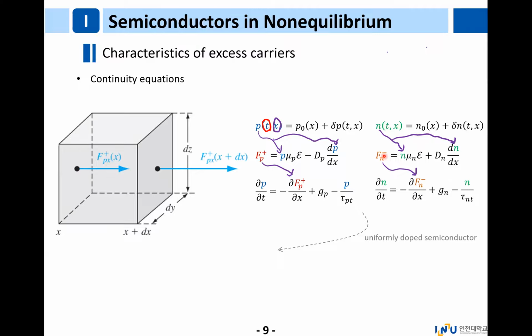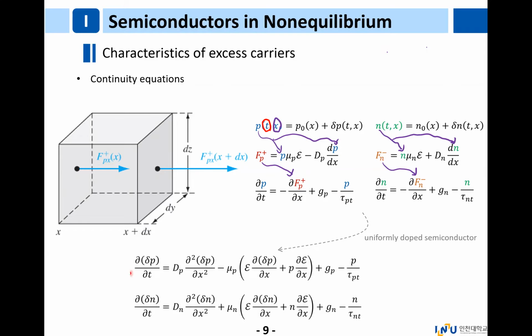Ultimately, we can express the equations as follows here. Although these equations appear complex, a detailed examination reveals that the original expressions for total carriers transform into expressions for excess carriers, right? This transformation arises from treating P0 and N0 as constant.